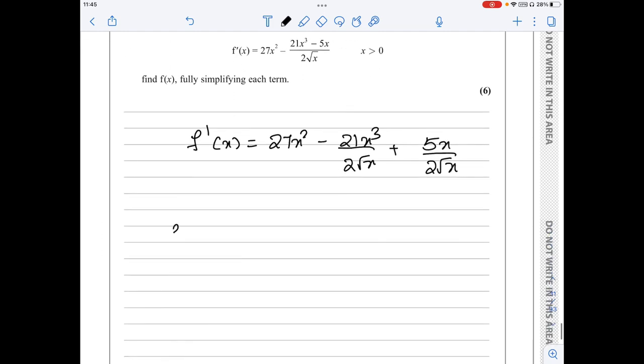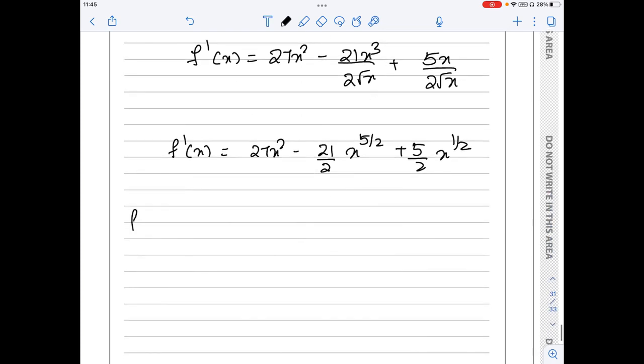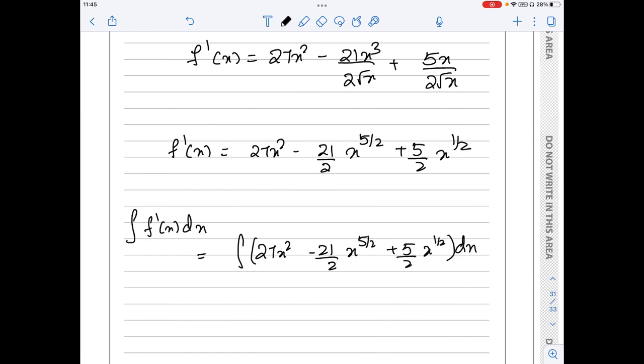So f prime x becomes 27x square minus 21 upon 2 x power 3 minus 1 upon 2, which is 5 upon 2, plus 5 upon 2 x power 1 minus 1 upon 2, which is 1 upon 2. Now I find the integral of f prime x dx equals to integral of 27x square minus 21 upon 2 times x power 5 upon 2 plus 5 upon 2 x power 1 upon 2 dx.